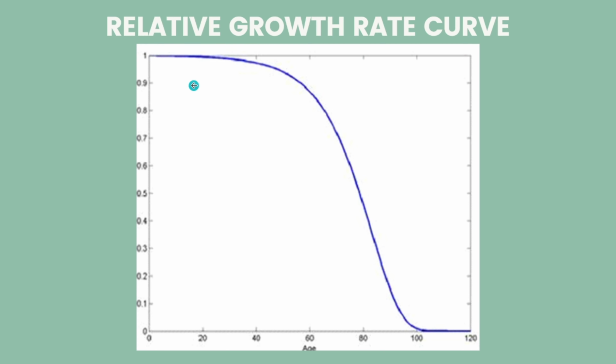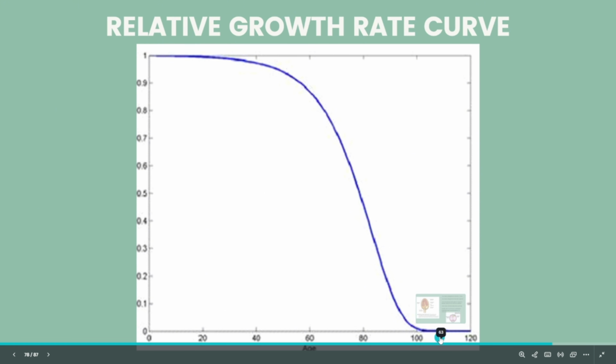It provides the variation in growth rate over time, which reflects growth efficiency, defined as the rate of biomass accumulation relative to the initial size of the organism. Meaning that you need to do a calculation based on the initial size of the organism. So first is the initial size, and after that you need to minus, until it reaches zero. So this is called the relative growth rate curve.